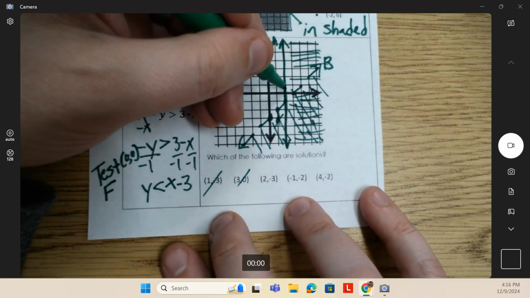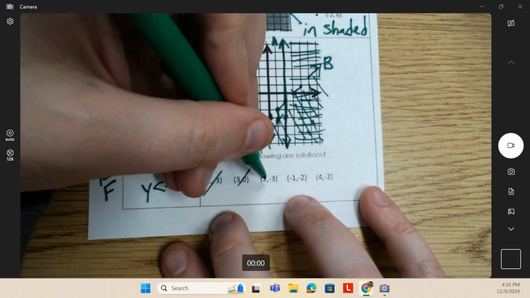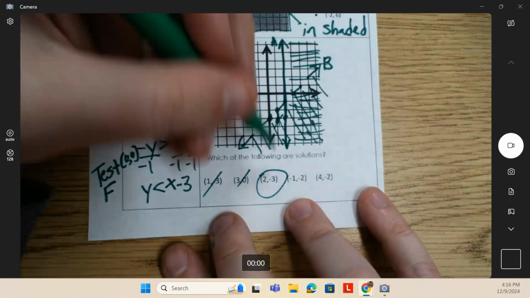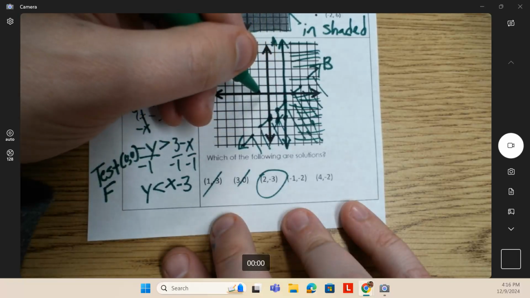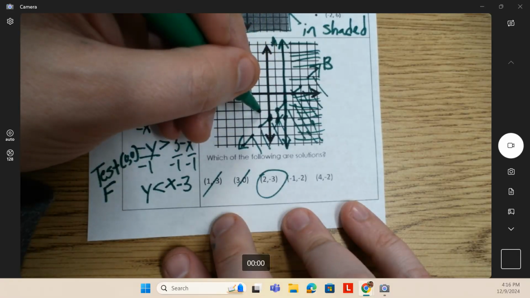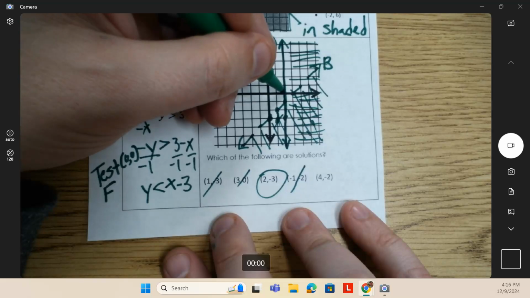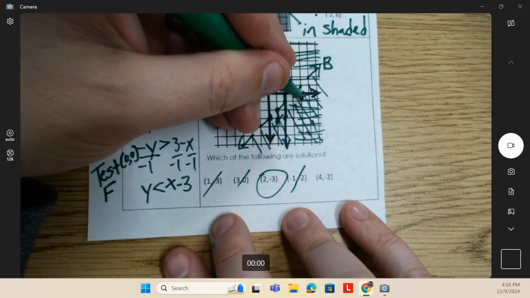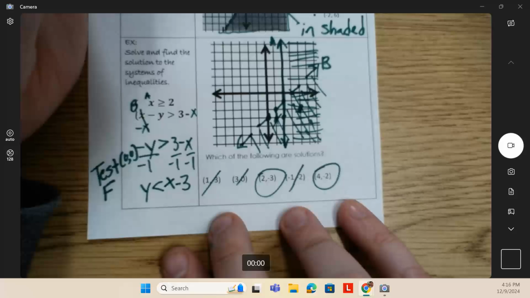So over 2, down to negative 3. That is on a solid line. So on solid means it's good to go. And then negative 1, negative 2 doesn't work for us. And over 1, 2, 3, 4, down to negative 2 is in shaded, so it works for us.